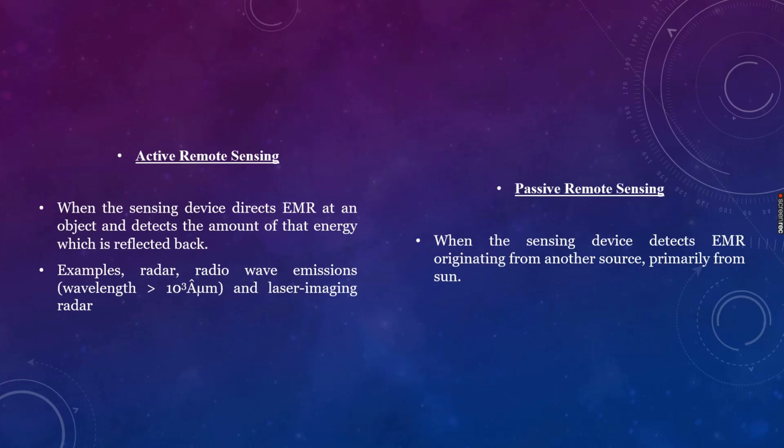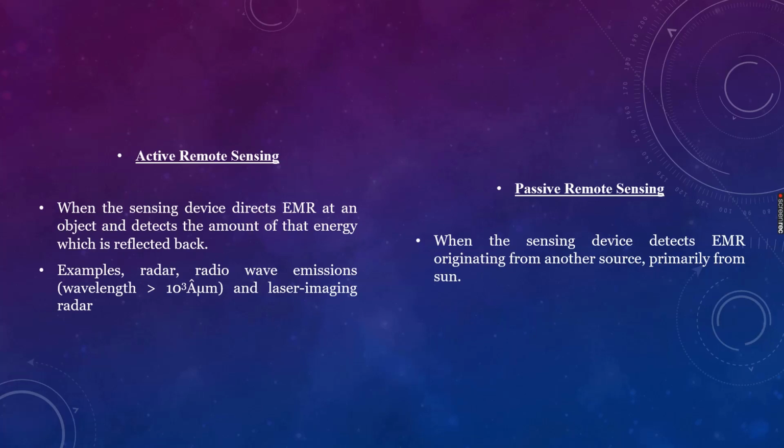When those signals or pulses hit the target or come in contact with the target, they get reflected back, and the sensor again captures those reflections and tells us the distance of the target. So this type of remote sensing process is known as active remote sensing.